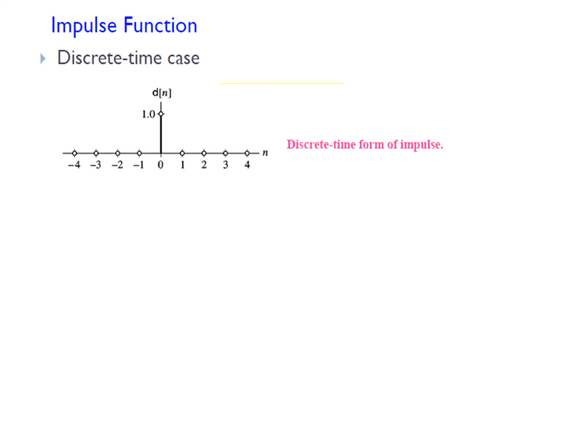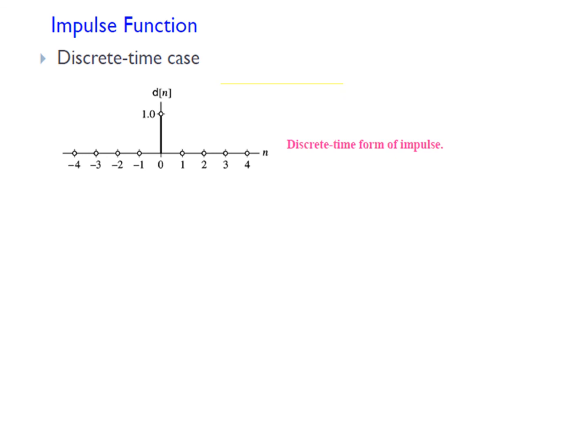It is very easy to define: at the origin n is equal to 0, just a value 1. All other values are 0. So you can see these dots placed on the x-axis, which means at all other values it is 0. Only at the origin it is 1. This is how a discrete time unit impulse function is represented.